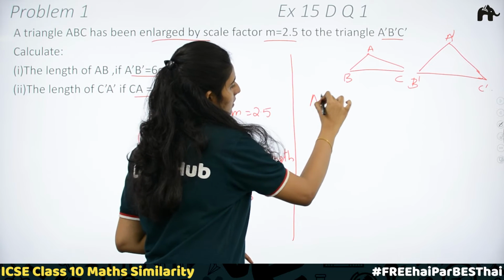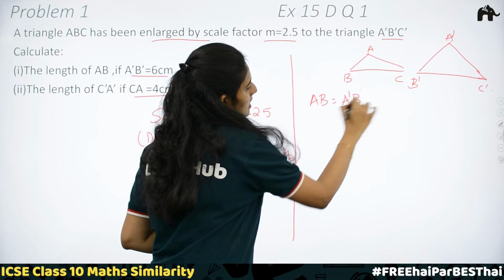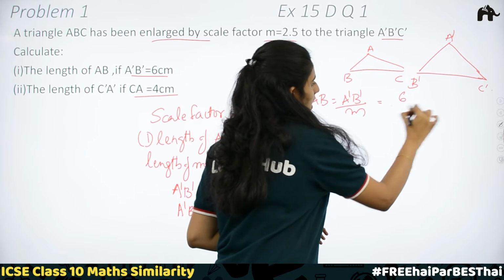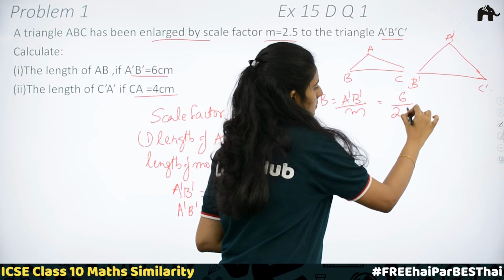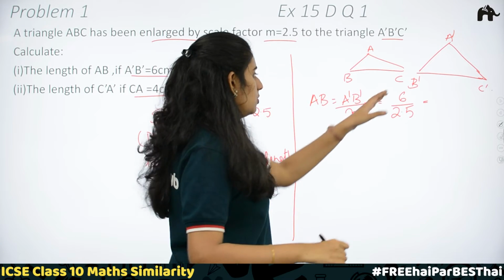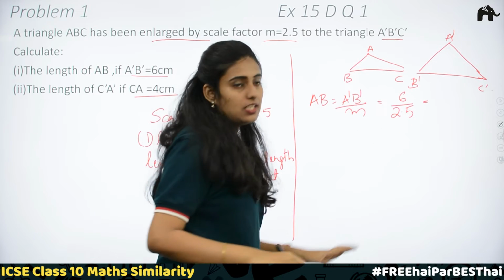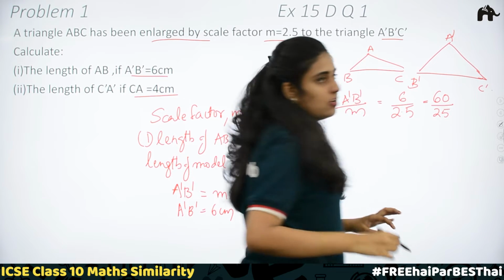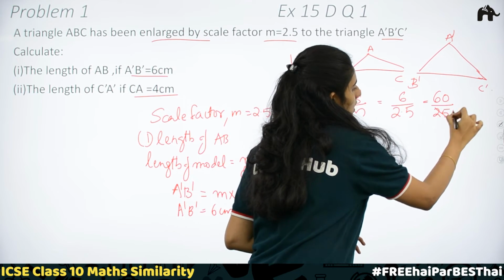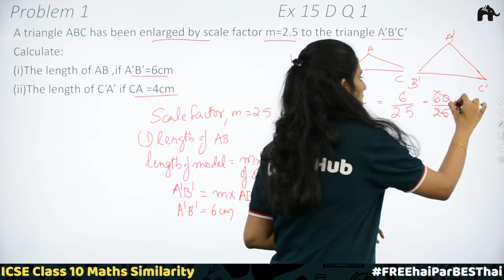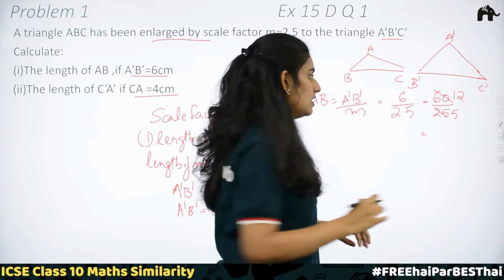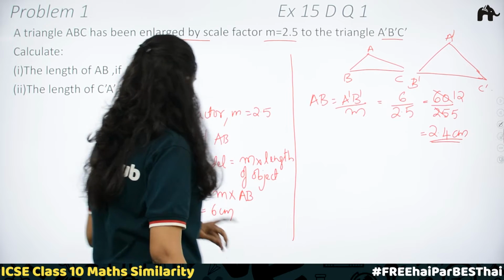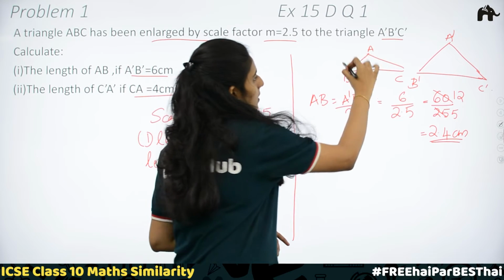Then AB will be equal to A dash B dash divided by M, which is 6 divided by 2.5. Okay. So I am going to multiply numerator and denominator with 10 in order to remove the decimal. 60 divided by 25. On cancelling, 5 into 5 is 25, 5 into 12 is 60. 12 divided by 5 is equal to 2.4 centimeter.